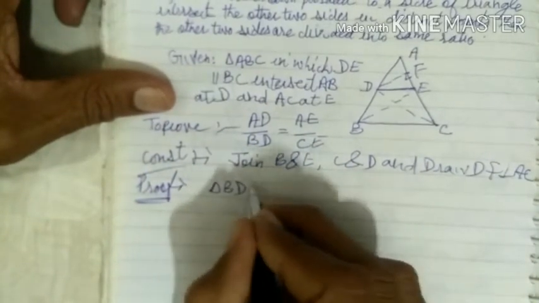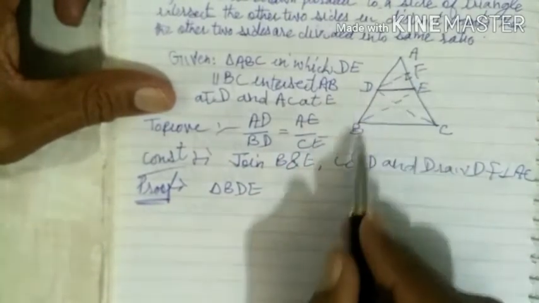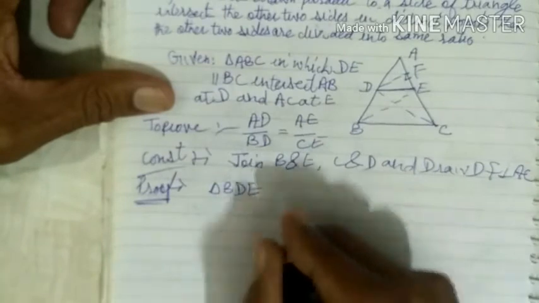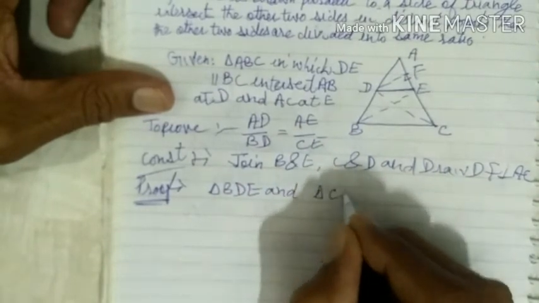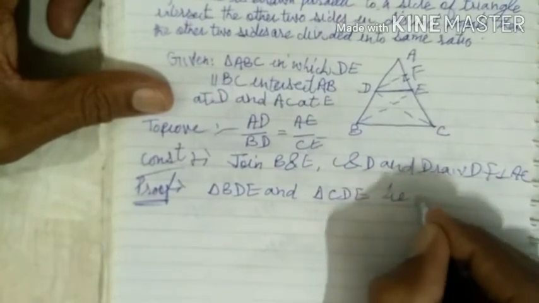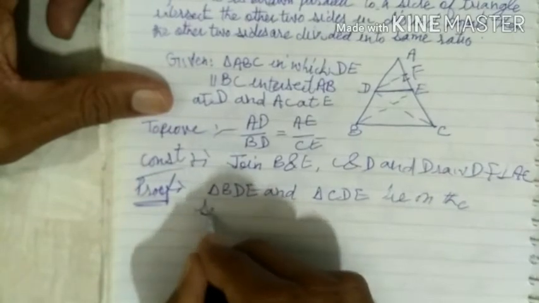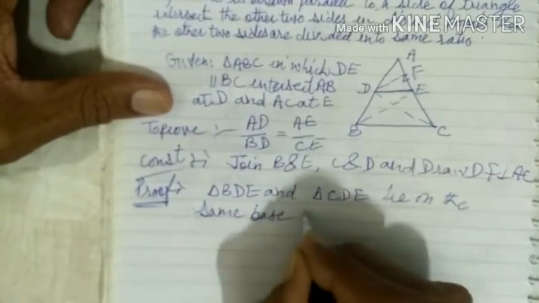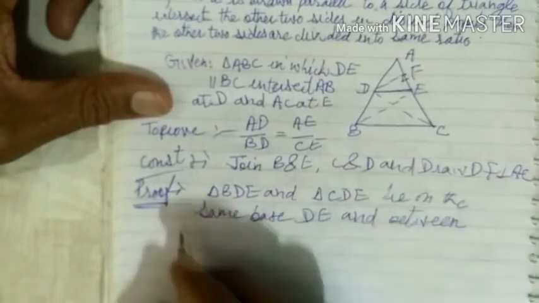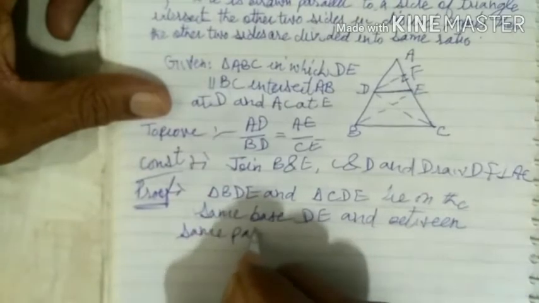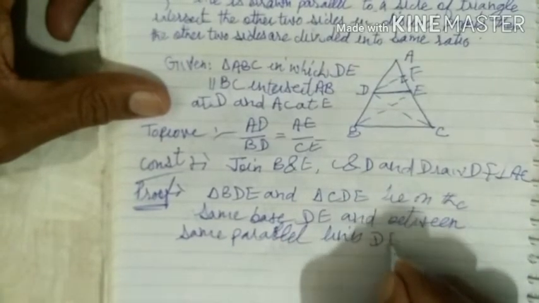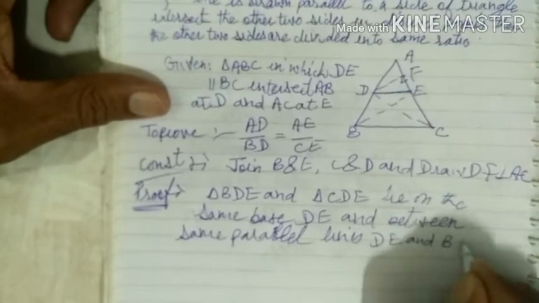Now proof. Triangle BDE, in this figure, triangle BDE and triangle CDE lie on the same base DE and between same parallel lines DE and BC.